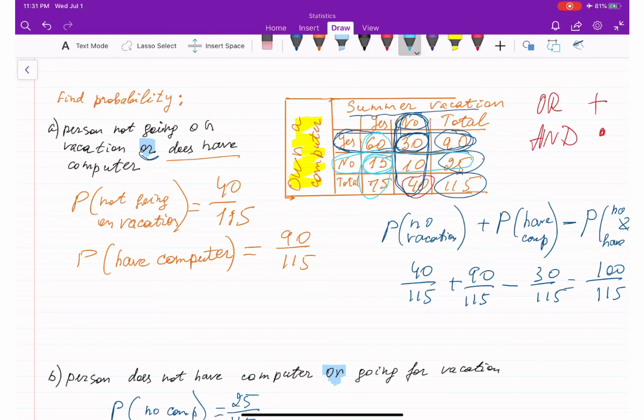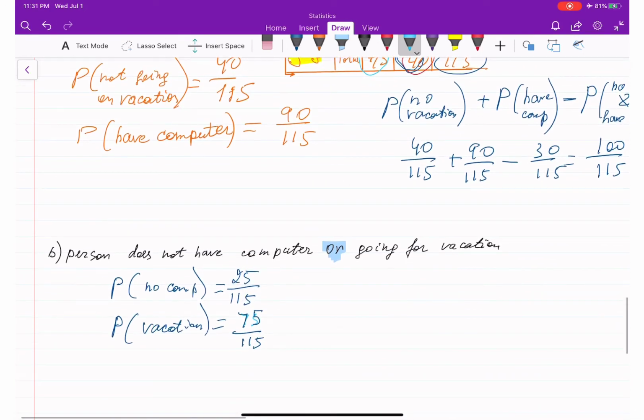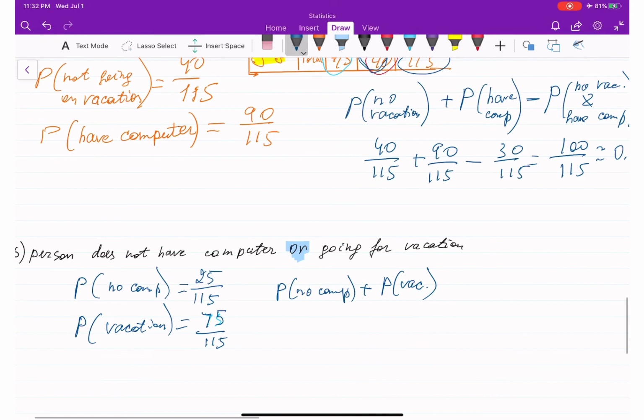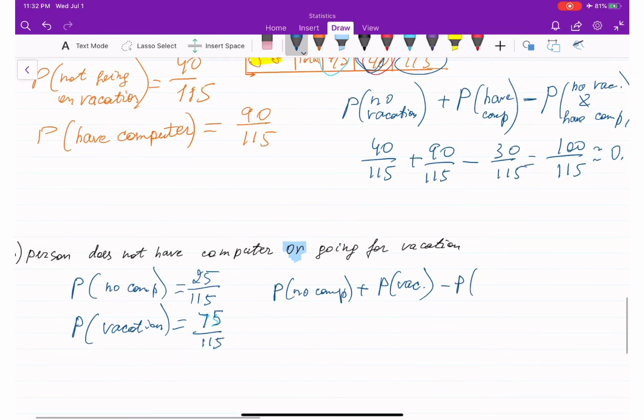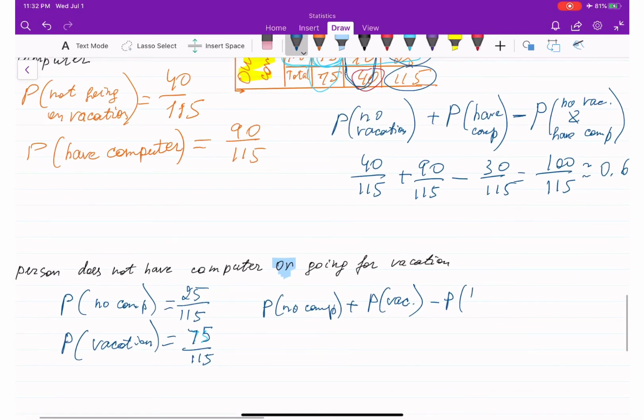Yes, don't have a computer, and yes, go on vacation. This 15 is overlapping, which means we're going to do the probability of no computer plus the probability of vacation and minus the probability of no computer and vacation.